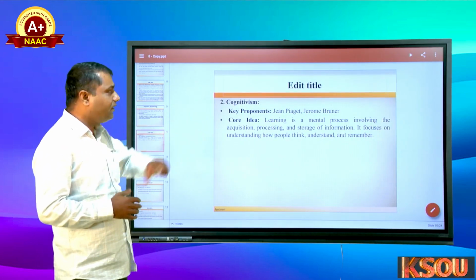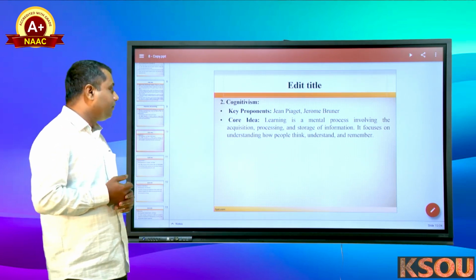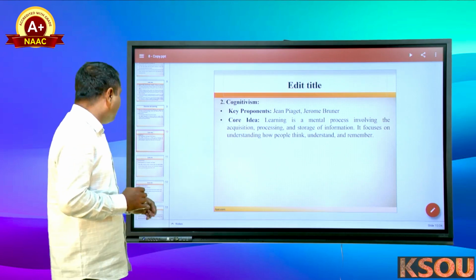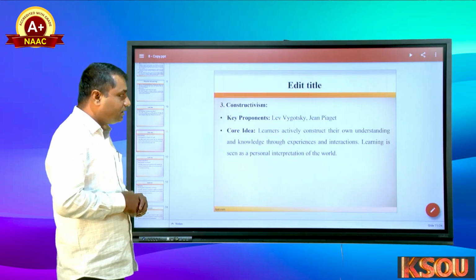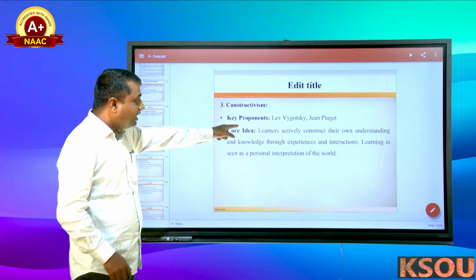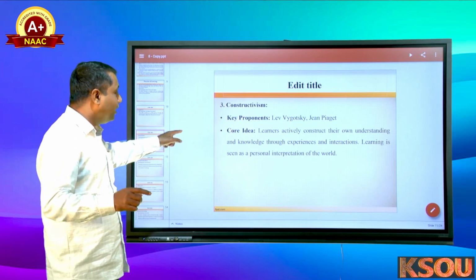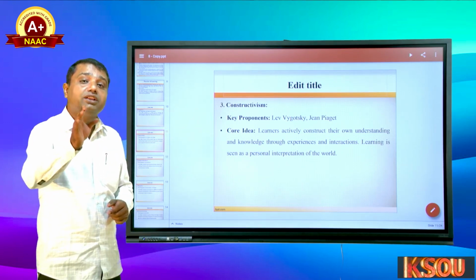The core idea of this theory is that learning is a mental process involving the acquisition, processing and storage of information. The third theory is constructivism. Learners actively construct their own understanding and knowledge through experience and interactions with people.